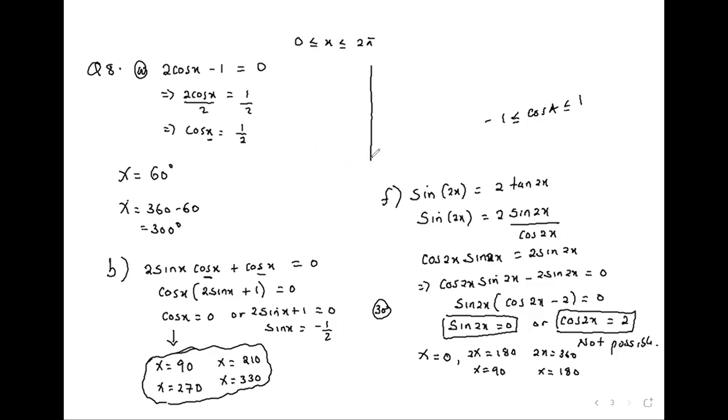But you remember something like this. Here we said we have sin of something equal to 0, so we are looking for the angle that we can put here for us to get 0.